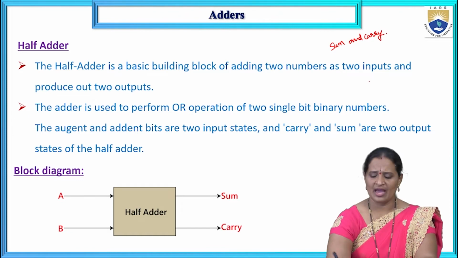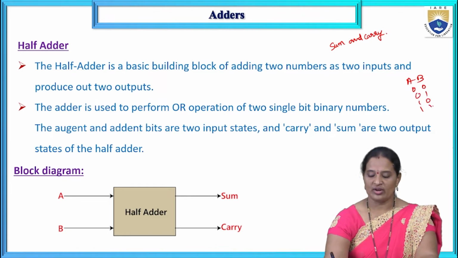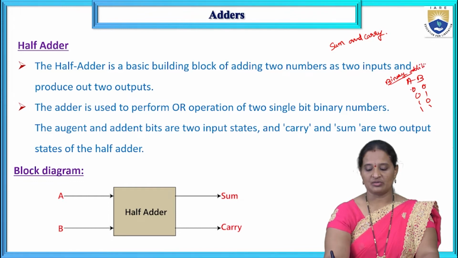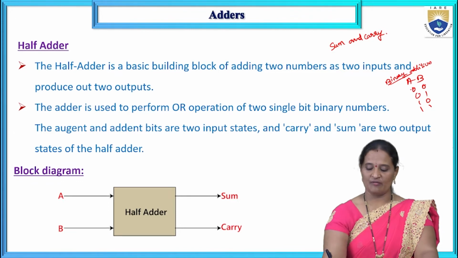For example, we have binary addition. Let us consider these 2 binary numbers: 0, 0, 0, 1, 1, 0, 1, 1. Whenever you are adding 0 plus 0, it is not logical addition, it is binary addition. Binary addition is different from logical addition, and I will tell you in what sense.